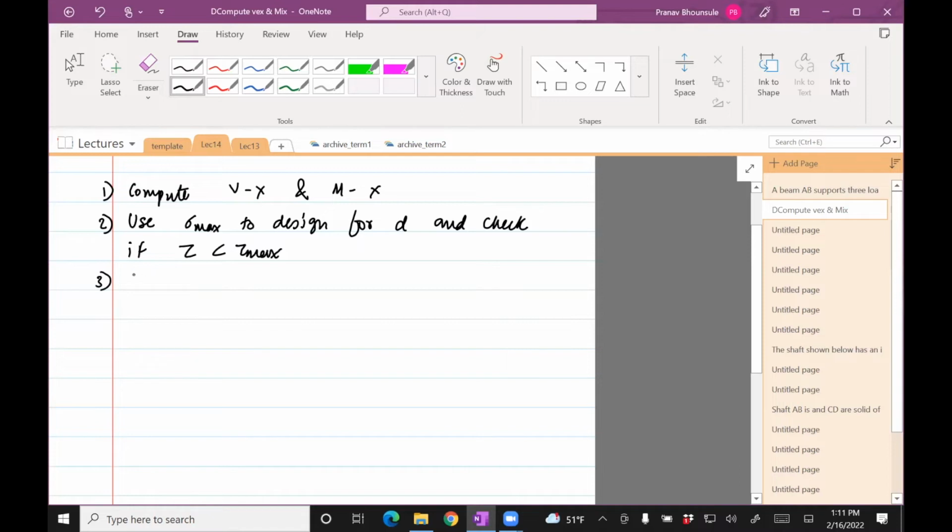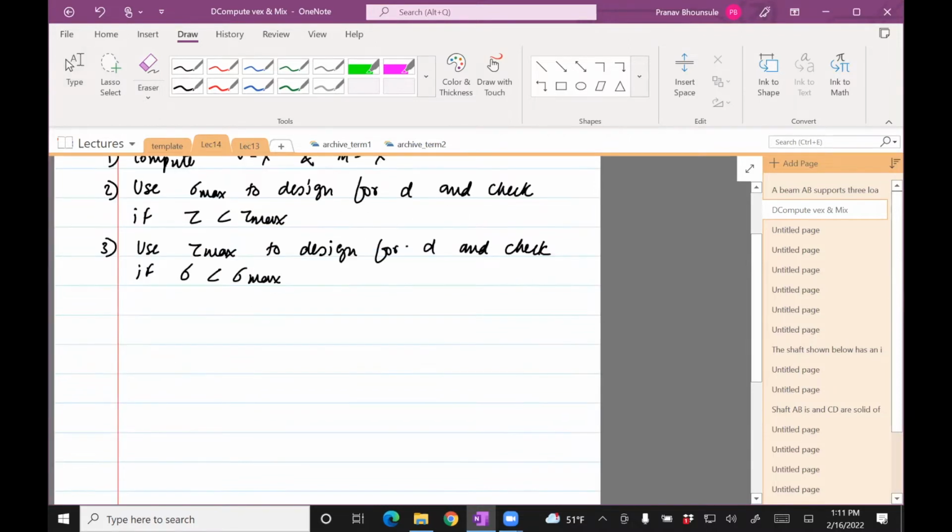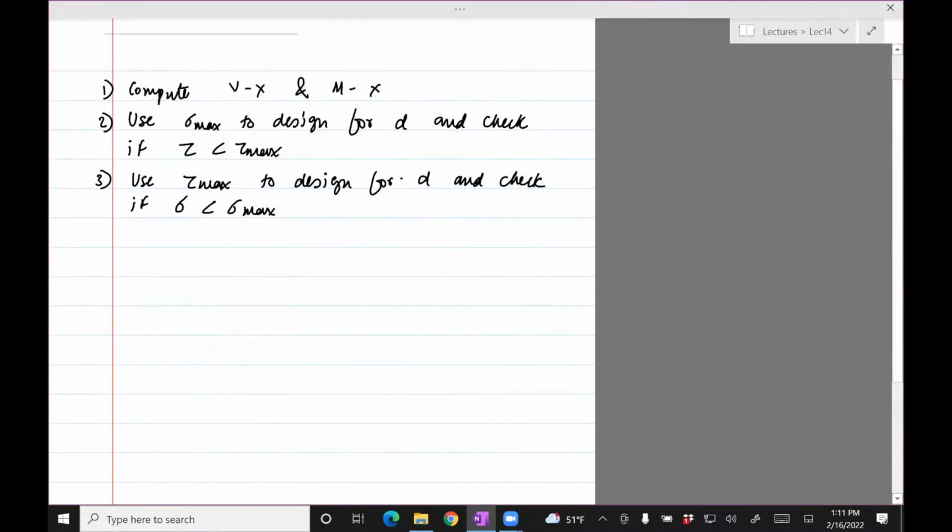If that's not true, then use tau max to design for D and check if sigma is less than sigma max. If the second step checks out, we don't have to do step number 3, and vice versa.